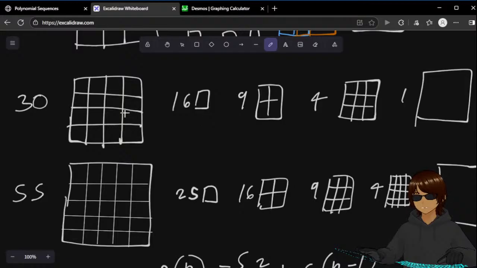There are 30 squares here. The 30 4 by 4 squares will appear 4 times.